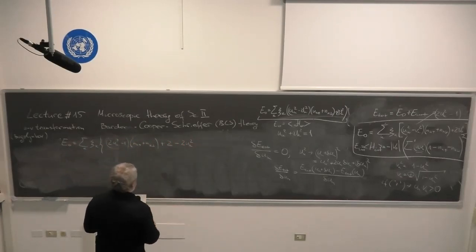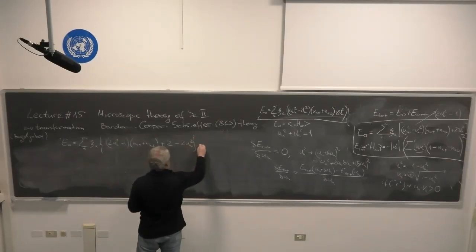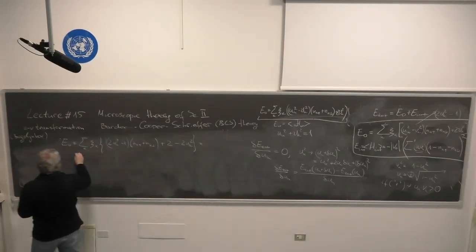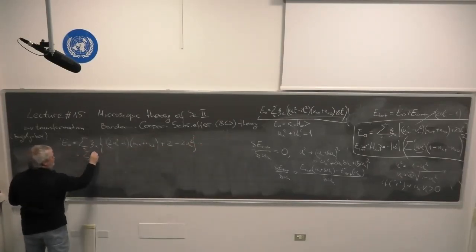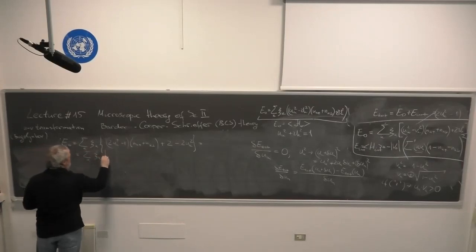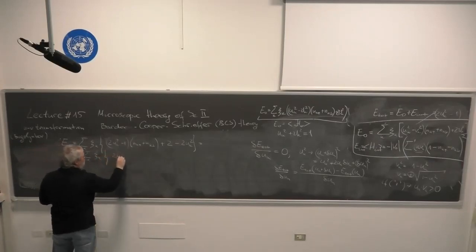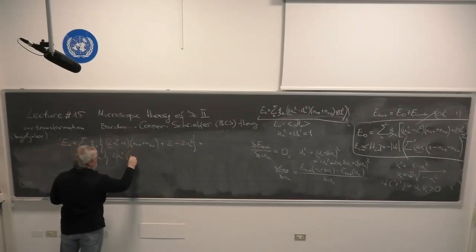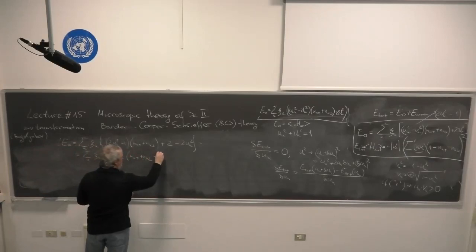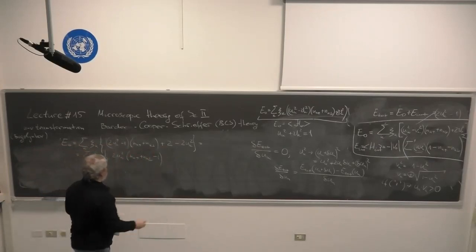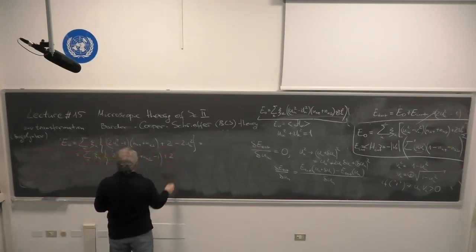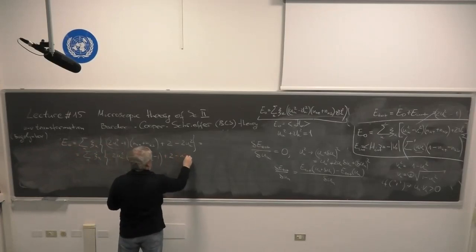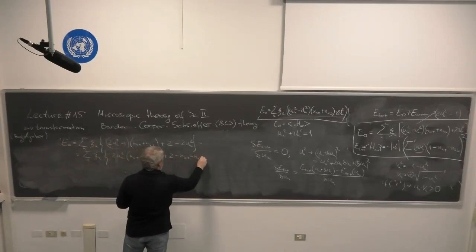Okay, good. It is equal to the sum over k of ξ_k, 2 u_k squared, n_k up plus n_k down minus 1, plus 2 minus n_k up minus n_k down.